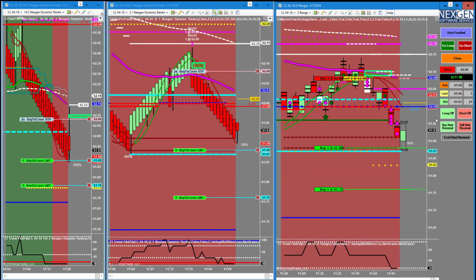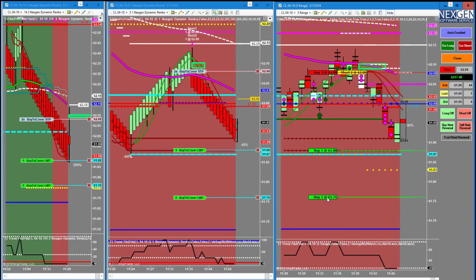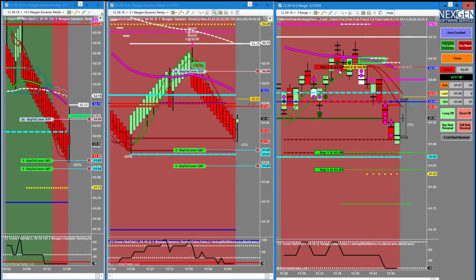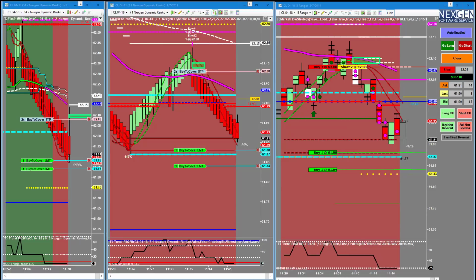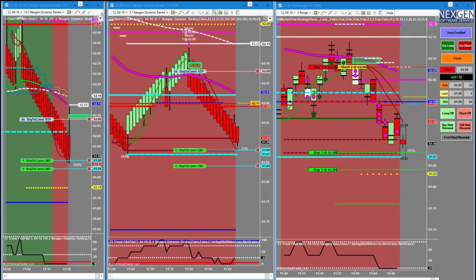And again, you can see we got back to our prior synthetic triggers, which is always a really good spot to take a first profit target if you want to. And once you get 20 ticks in a trade, which is half of our daily goal, that's a really good order filled.